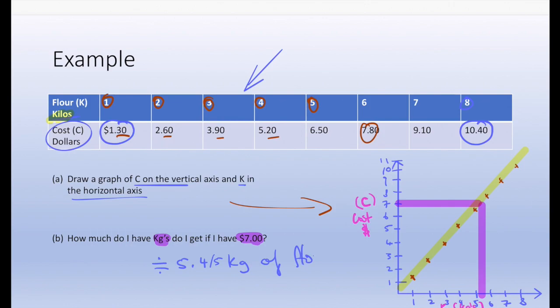So we can use this graph to give us a rough calculation, and it makes sense because $7 is between this one and this one, somewhere between 5 and 6 kilograms. So I think we're on track there. Anyway, that's the end of this lesson. Peace out.